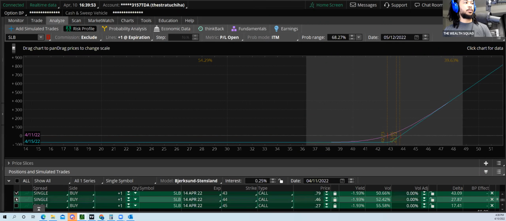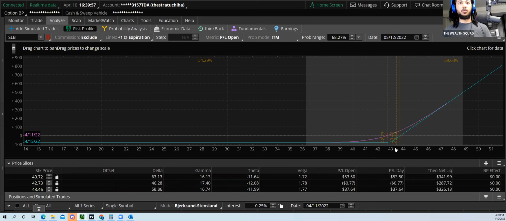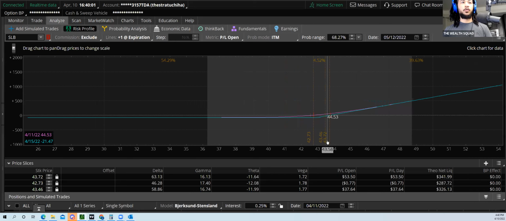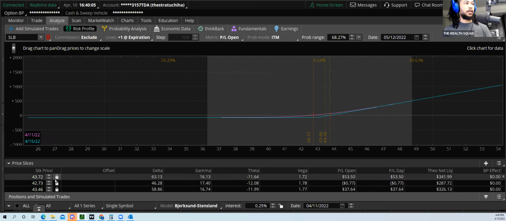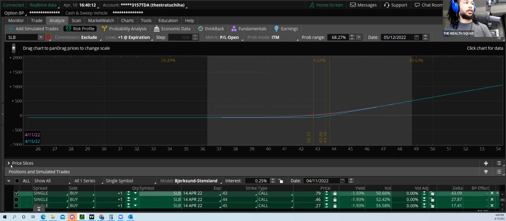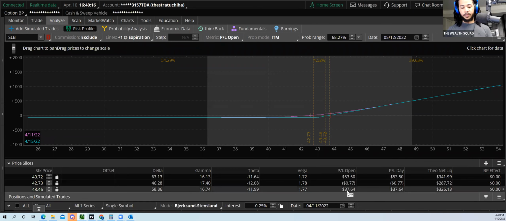So for the 43 call, if I just click on the price slices, PT1 is 43.46, PT2 is 43.72. Let me zoom this out. So on this first contract, the 43, if we hit PT1 of 43.46, that'd be $37.64 profit, because it's not going to give you percentage whenever you do this.